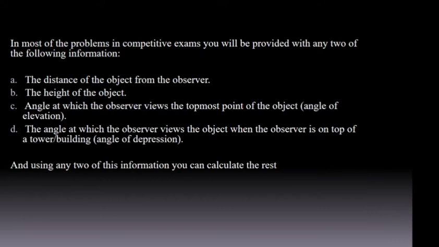Now, any problem on height and distance will move around these 4 quantities: height, distance, angle of elevation and angle of depression. Okay, so in most of the problems in competitive exams, you will be provided with any 2 of the following information. Okay, and based on these 2 information, you can find the remaining 2 quantities.